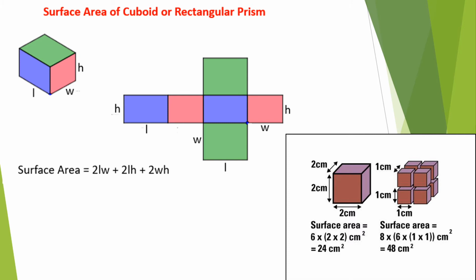Okay, so the surface area of the cube on the left is 24 centimeters squared, because you have 2 by 2 squares and you have 6 of them. So 6 times the area of 4, you have 24. Now, if you cut up that cube so that you have 8 total pieces, right?